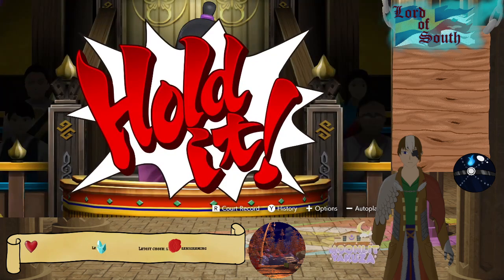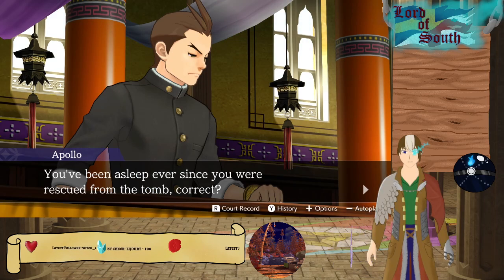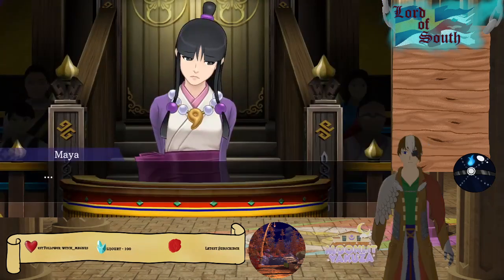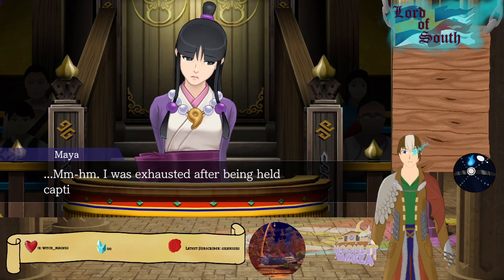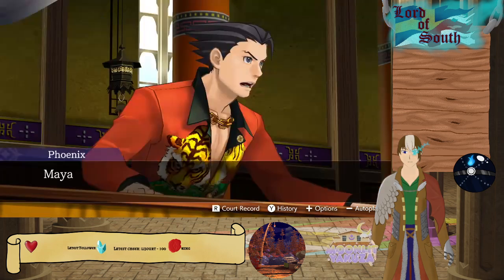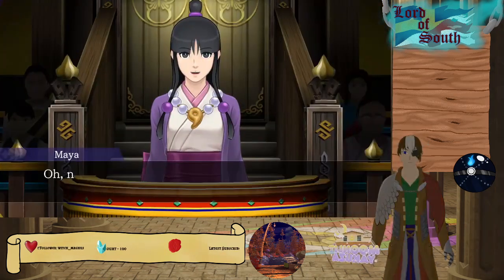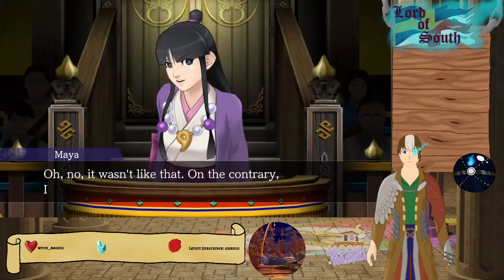Hold it! You've been asleep ever since you were rescued from the tomb, correct? Mm-hmm. I was exhausted after being held captive for so long. That must have been terrible. Maya, Minister Inga didn't do anything to you, did he? Oh, no, it wasn't like that.